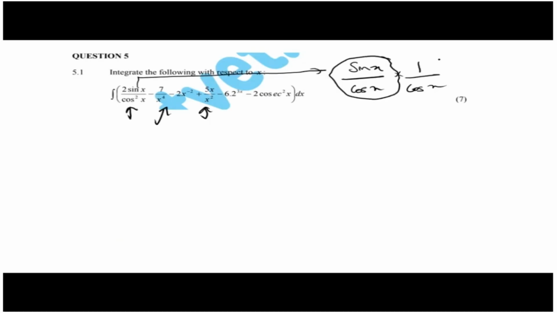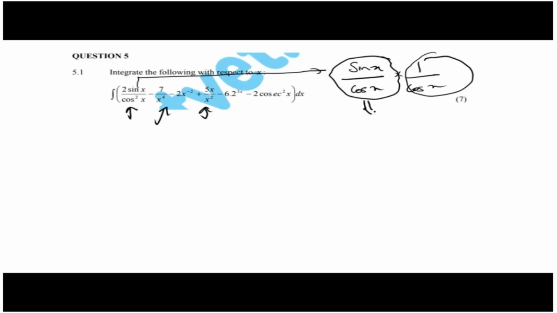This is the same thing as sine x over cos x times 1 over cos x, isn't it? Because if you bring it back, you have sine over cos squared. There's no need to substitute an identity for this, but there are identities for this.